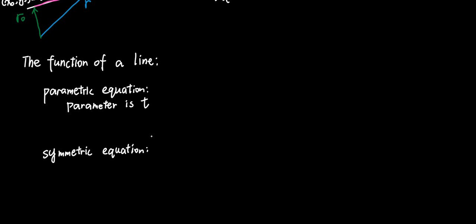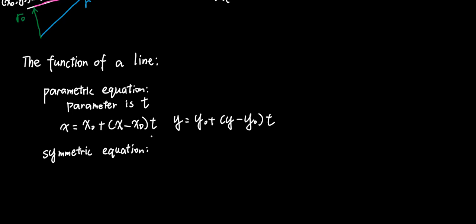In this case, we can express the x, y, z components of r. So the x component of r equals x0 plus (x minus x0) times t, and y equals y0 plus (y minus y0) times t, z equals z0 plus (z minus z0) times t.